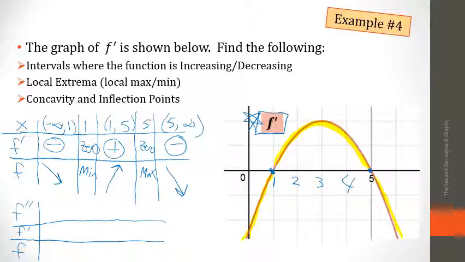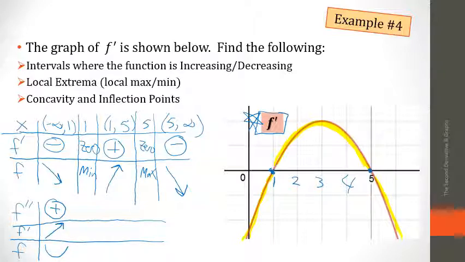Well, when the second derivative is positive, that means the original function is concave up. But the second derivative is the derivative of the first derivative. And if it is positive, the first derivative is increasing, right?